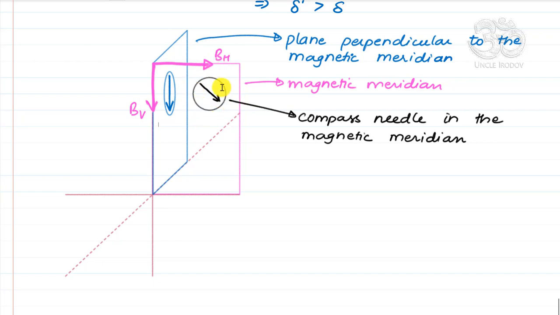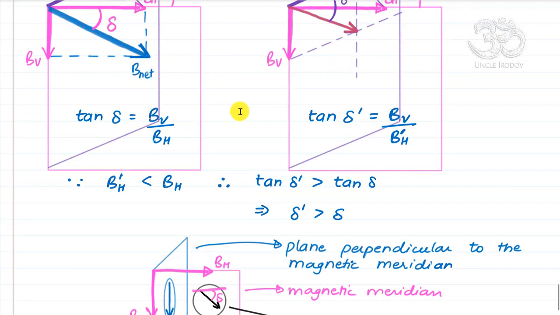And then in the magnetic meridian, you have the true horizontal field and you anyways have the true vertical field. So the angle that the needle makes with the horizontal, this angle delta, is the angle of dip, and that is the true angle of dip here, people. So that's how we can figure out what is the true angle of dip, and we can also figure out which plane is the magnetic meridian and so on.